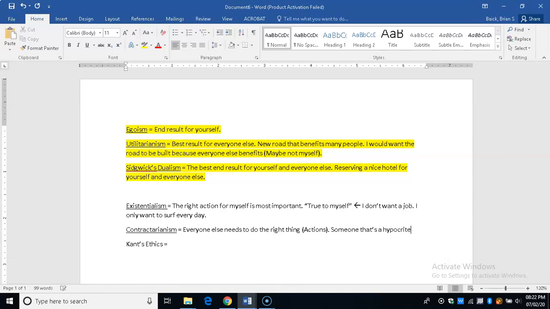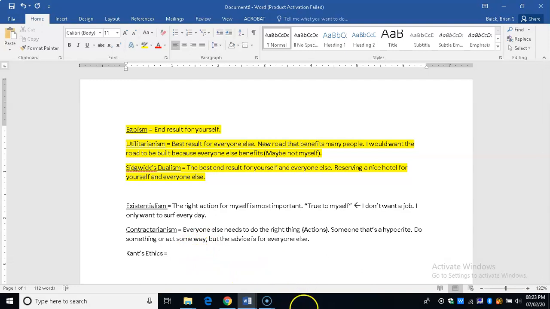Okay, so if someone is a hypocrite, they say do something or act some way, but you're telling everyone else what they should do. But the advice is for everyone else. Okay, it's a contractarianist approach.